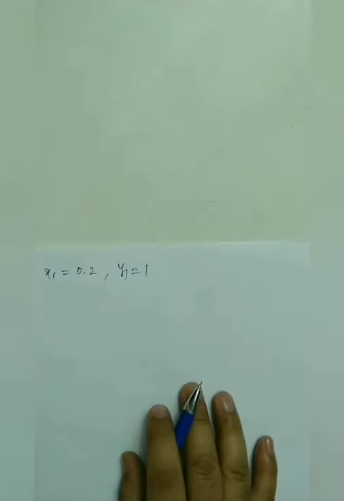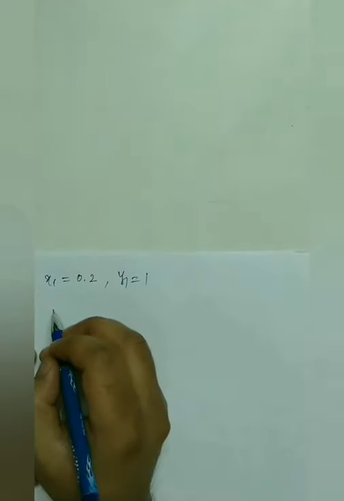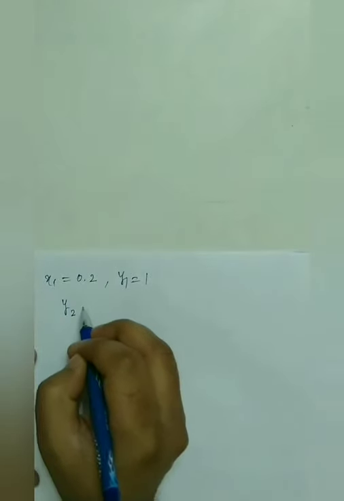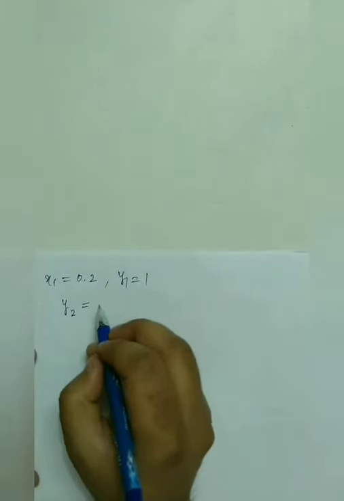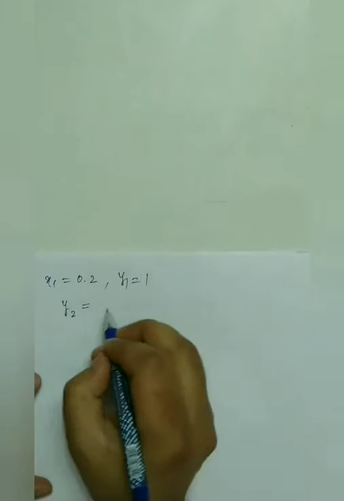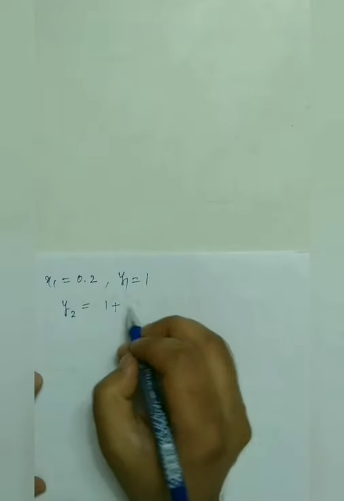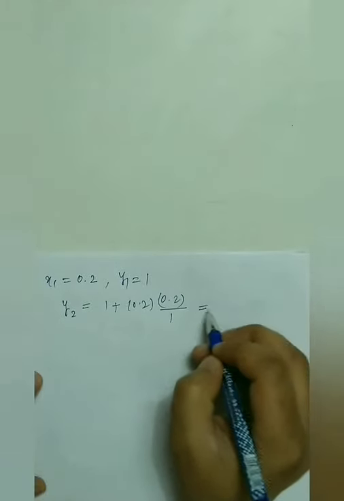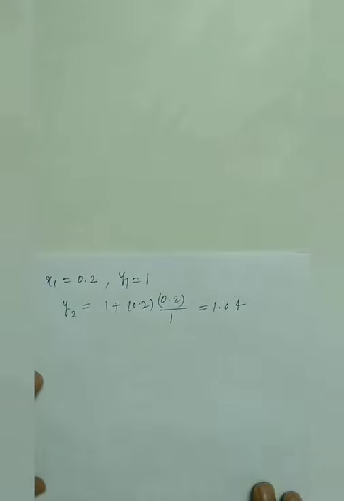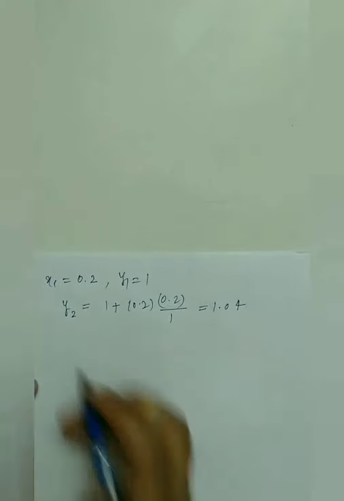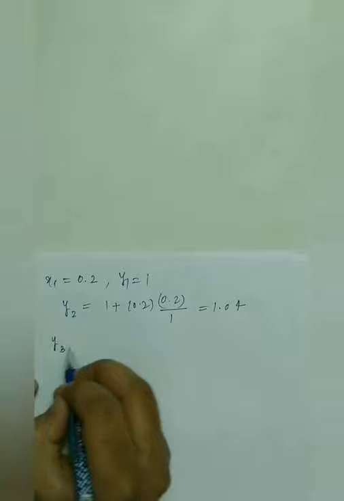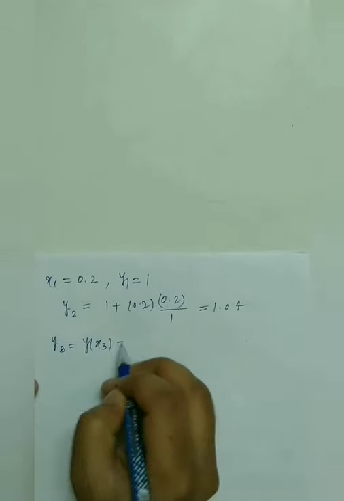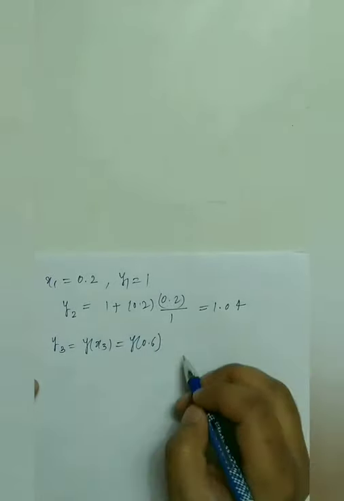So y2 is equal to 1 plus 0.2 into 0.2 upon 1, that is, after solving, 1.04. Similarly, we can find y3, that is y at x3, which is y at 0.6.